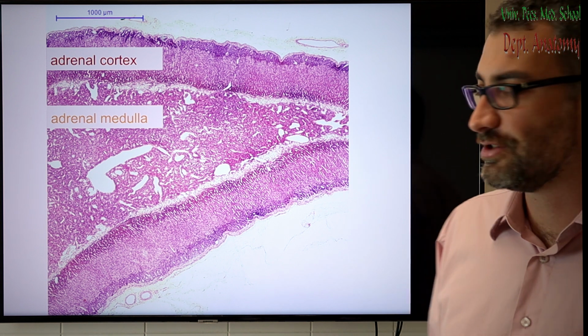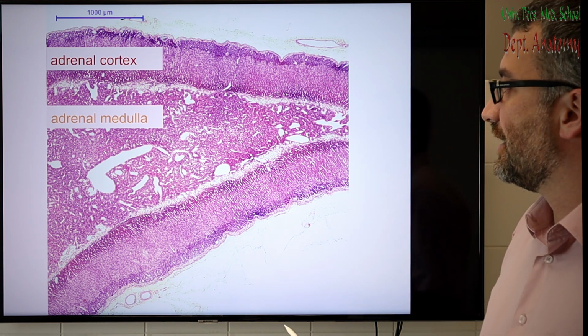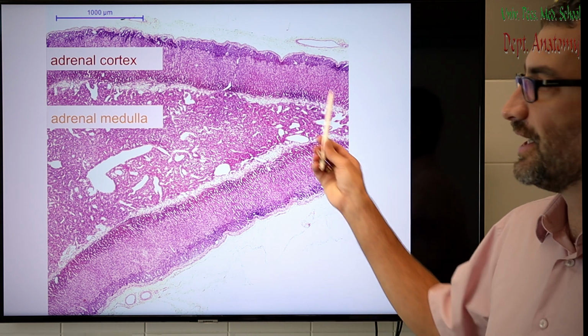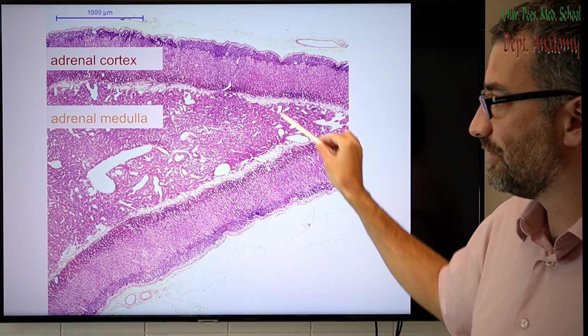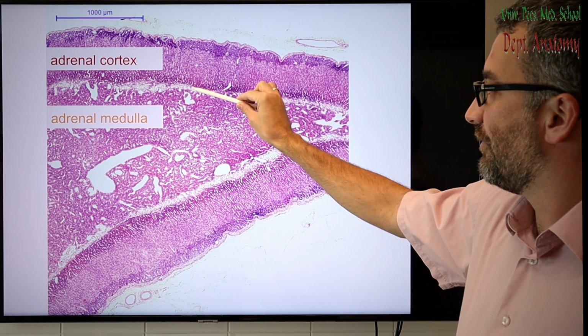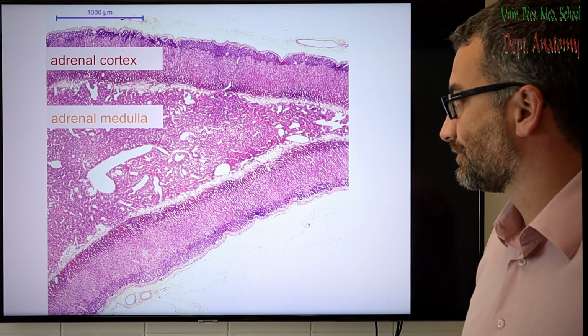The histology structure of the adrenal gland is very typical. We can see here a parenchymal organ which can be clearly divided into cortex and medulla. There is a very clear border between the cortical part and the medullary part.